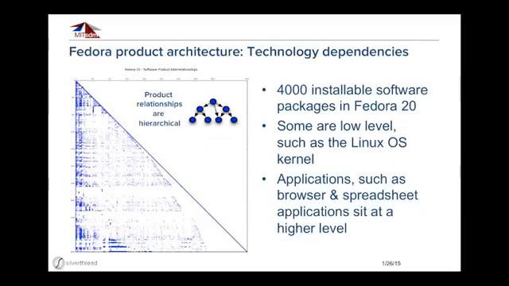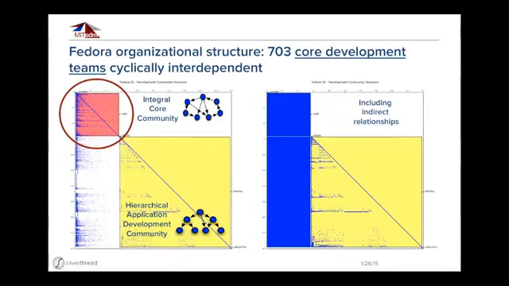As you might expect, the dependencies flow from user-facing application software down through system libraries, and then down to the kernel. Now, what's interesting is that the communities are not so hierarchical. And this was a surprise to me, even having worked within those communities for many years.